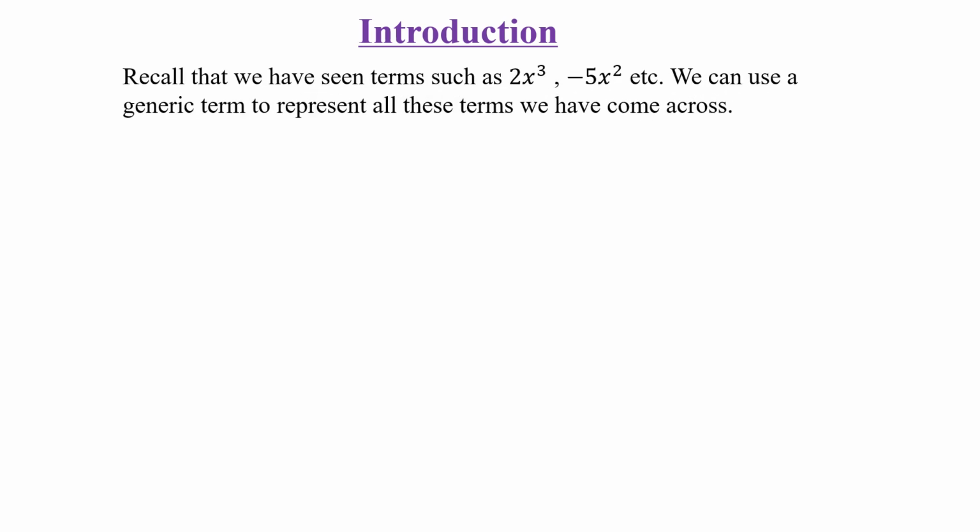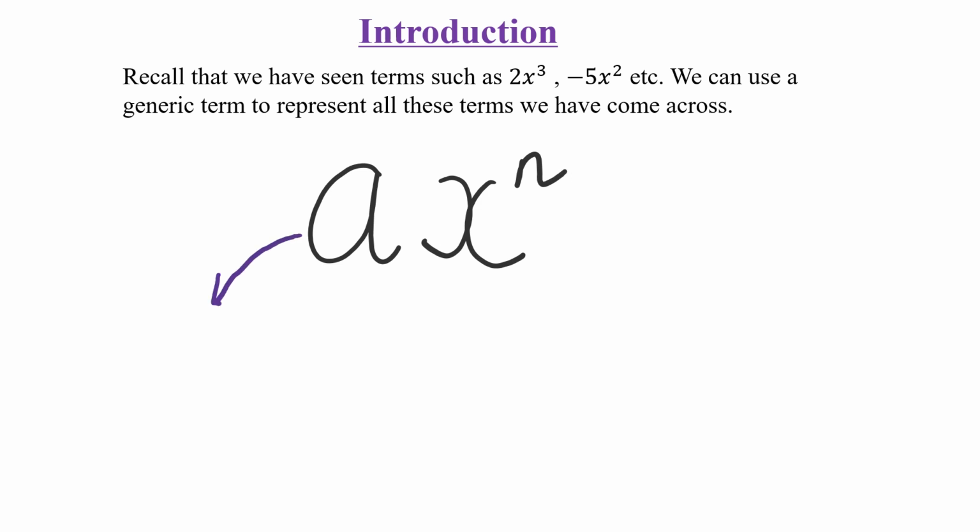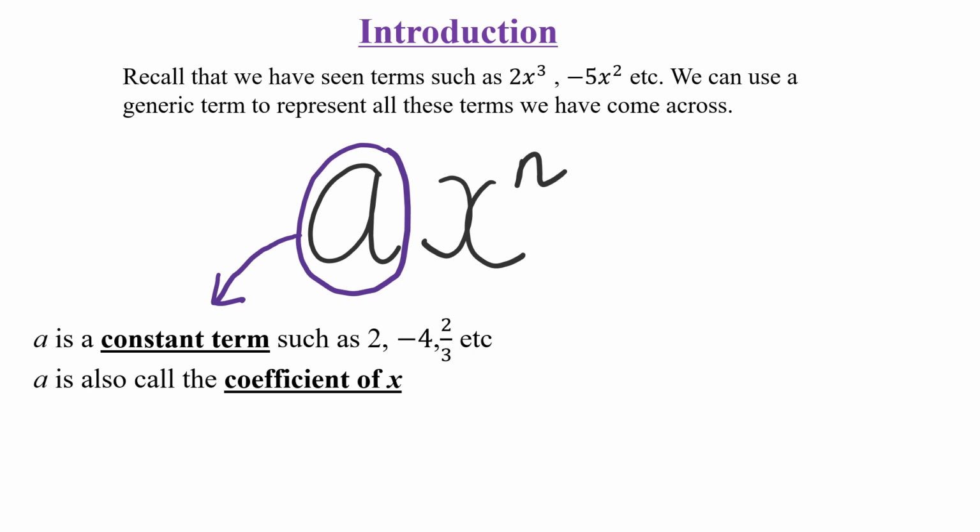Right, let's start off by doing some introduction. I believe we have seen terms such as 2x cubed or minus 5x squared. We can actually use a generic term to represent all these terms we've come across. A can represent a constant term. What are constant terms?